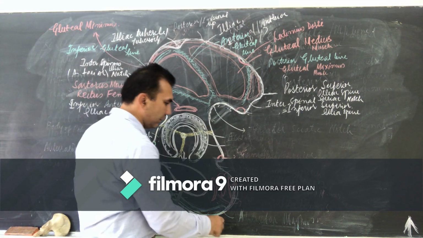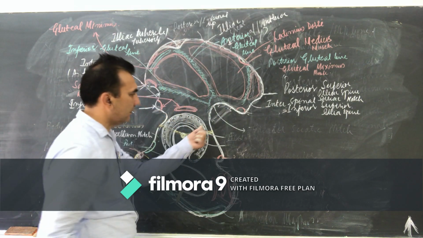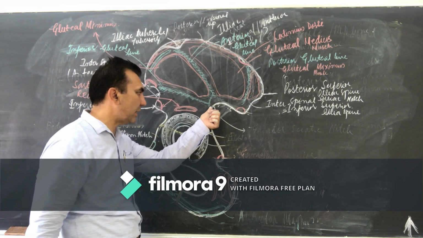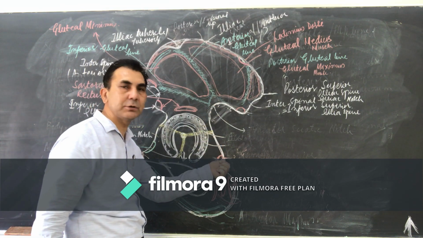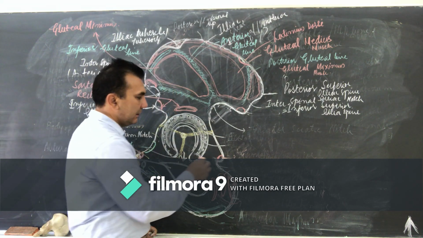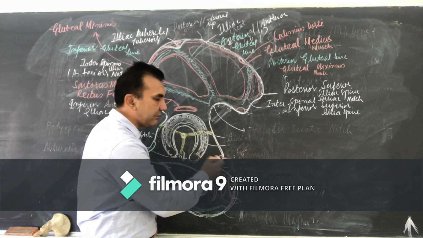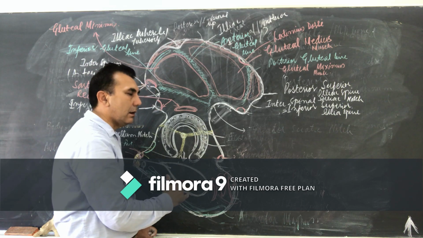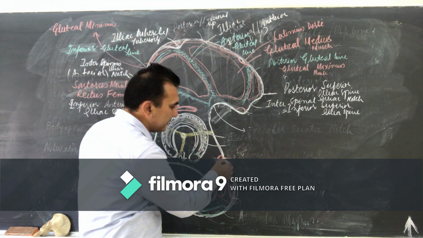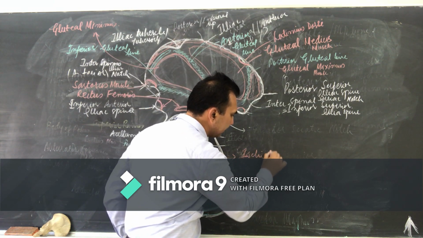When the sciatic notch, the posterior border from the greater sciatic notch, comes downward and reaches the inferior posterior surface of the inferior border of the acetabulum cavity, there is a spine here, and this is called the ischial spine.